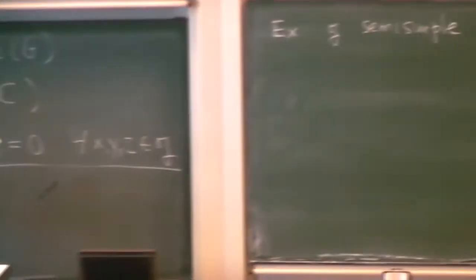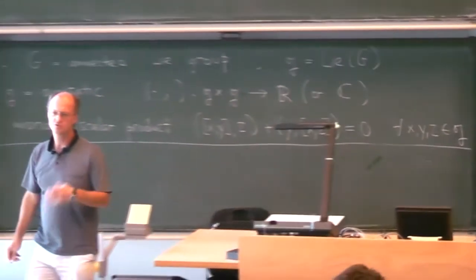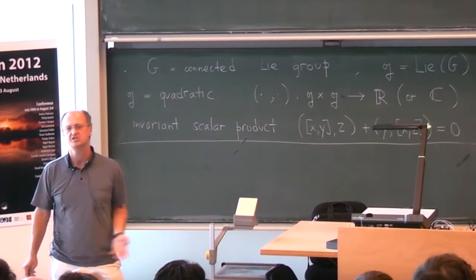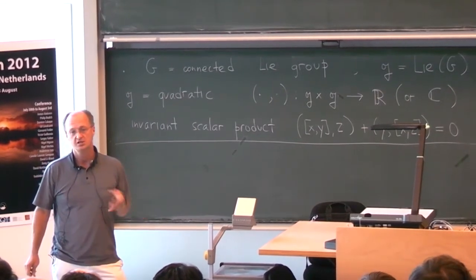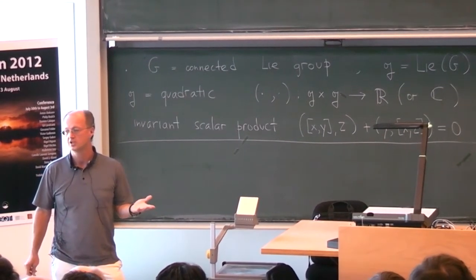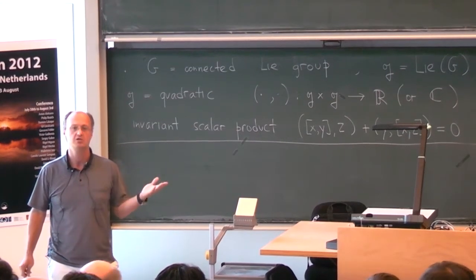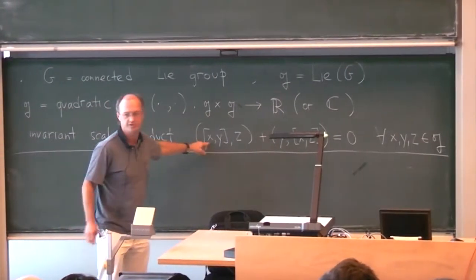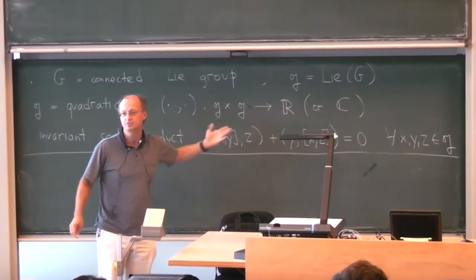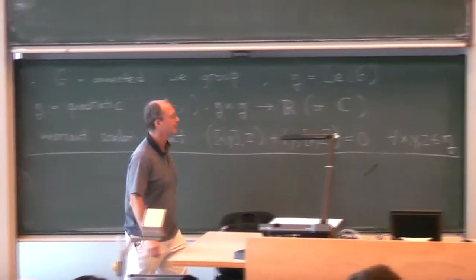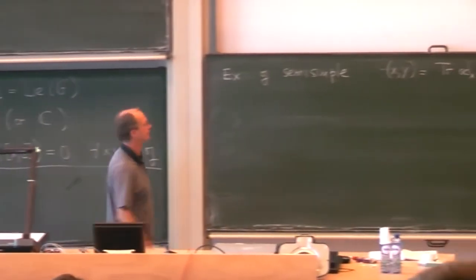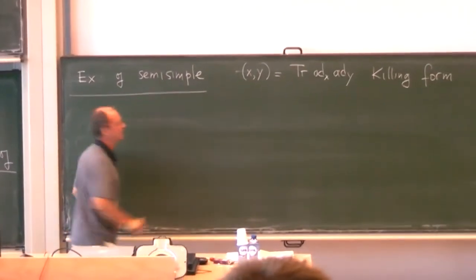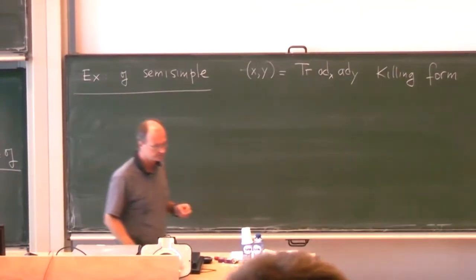But actually it's much more general. You can also find solvable examples, or nilpotent examples. Just take an abelian Lie algebra, and then take an arbitrary scalar product on it. Of course it's going to be invariant, because this invariance condition is empty for an abelian Lie algebra. There is actually a whole structure theory for quadratic Lie algebras, but we're not going to touch upon it right now.